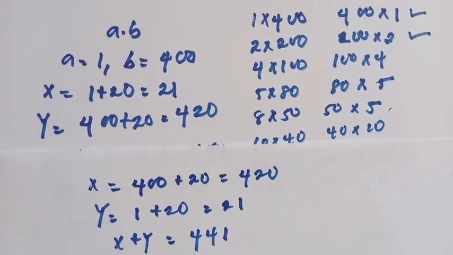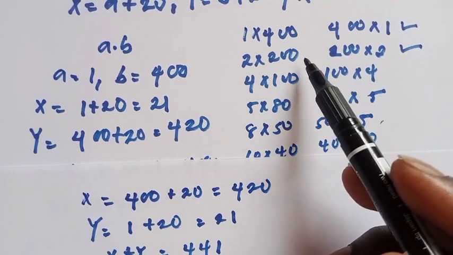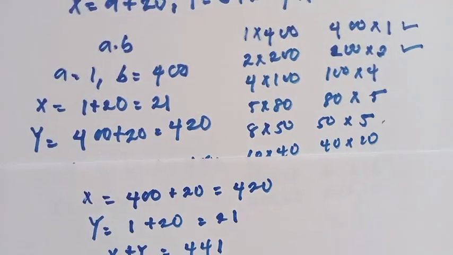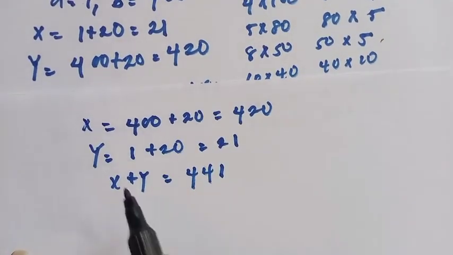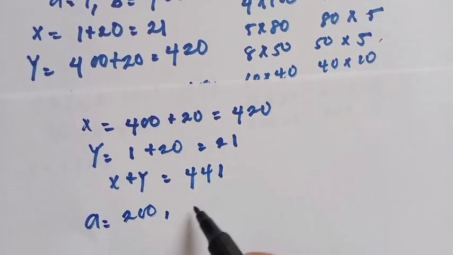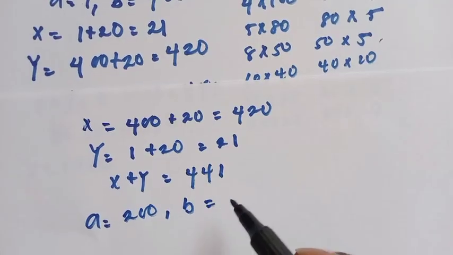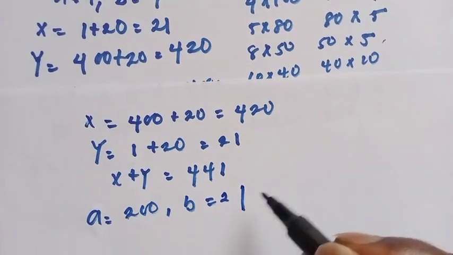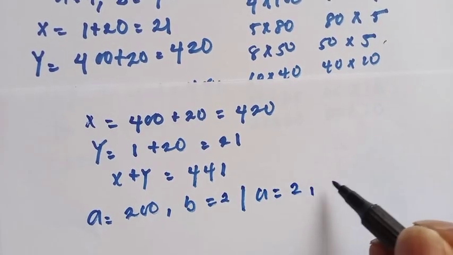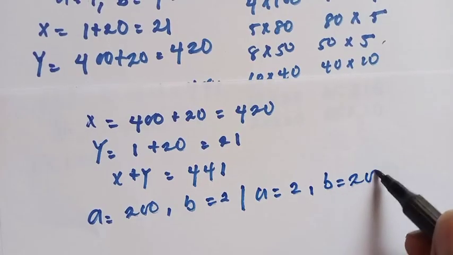Now if we pick the second factors, 2 times 200, and then the swapped factors 200 times 2, we have that A is 2 and B is 200.